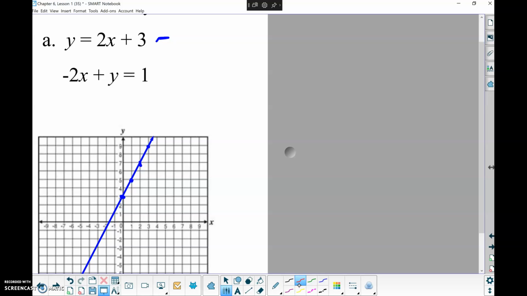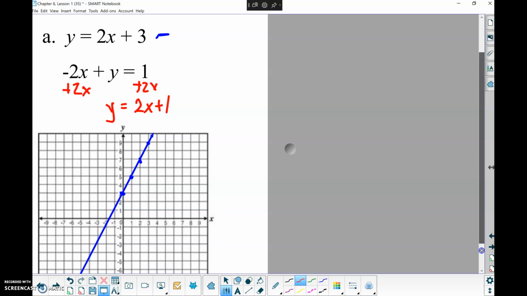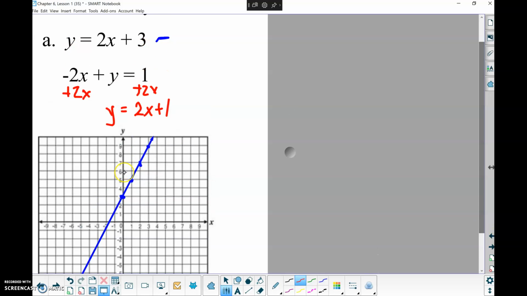So one way to deal with this, how do I move the minus 2x? Add it, yeah. And then we want to be careful. That makes it 2x plus 1, not 3x, right? And now it's in slope-intercept form. I can graph it just like I did the first one. So intercept of 1, slope of 2.